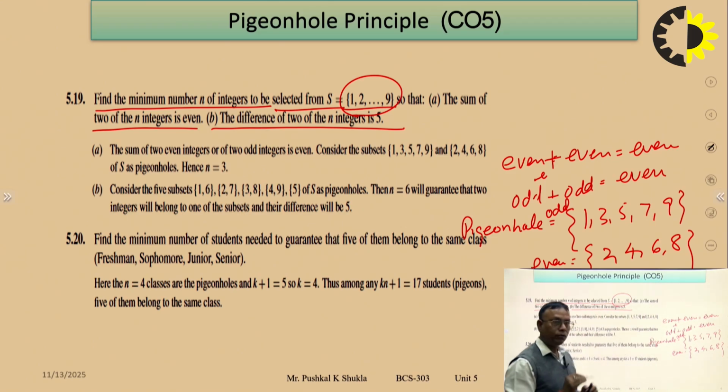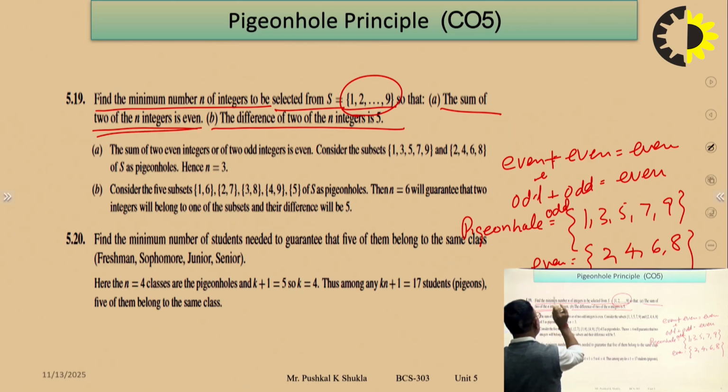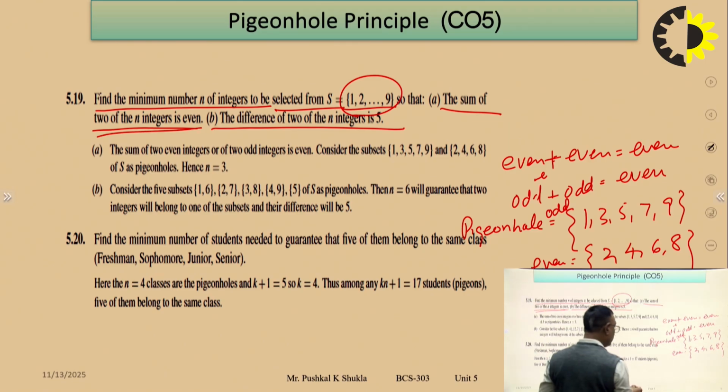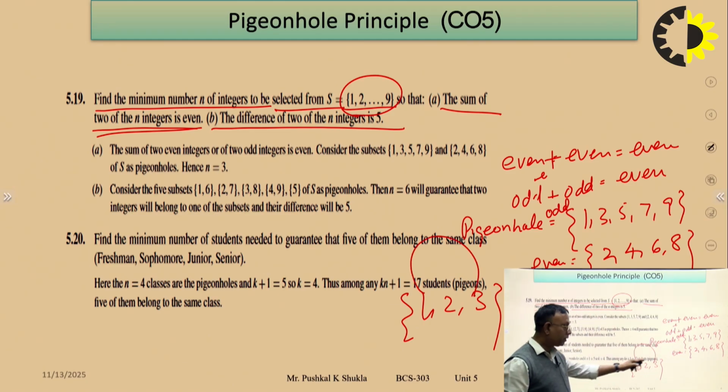So two pigeonholes are there, and one more pigeon, that is 3, guarantees that the sum of 2 of the integers is even. Take 3 numbers like 1, 2 and 3. This guarantees the sum of 2 is even, that is 1 plus 3 equals 4.